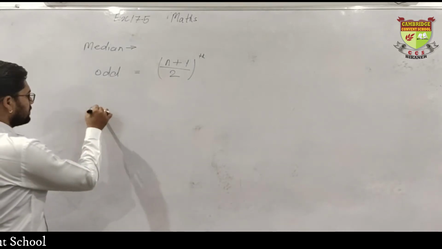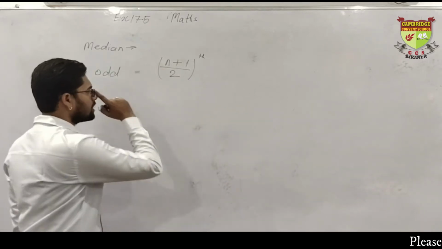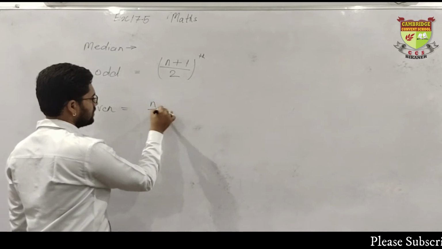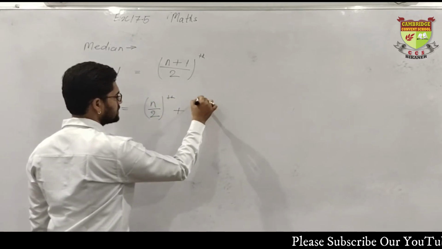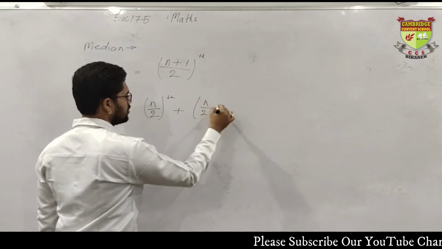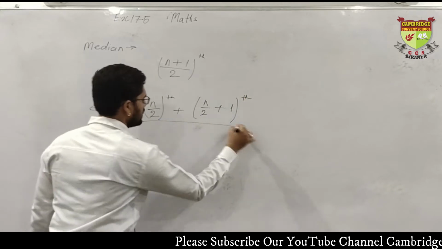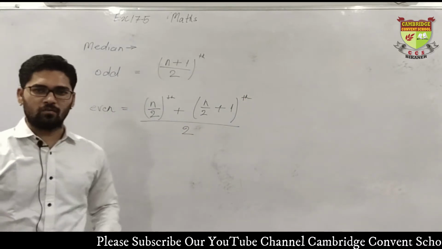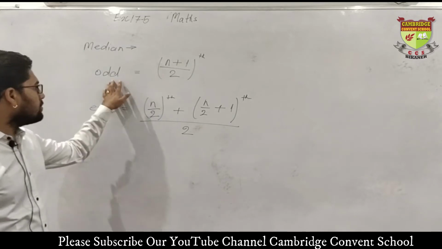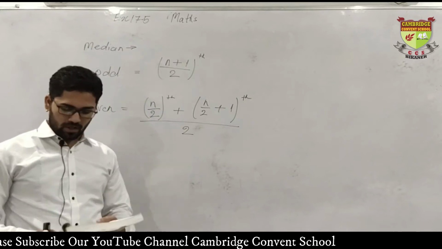And if the number of terms is even, then the formula will be (n upon 2 th plus n upon 2 plus 1 th) upon 2. If the number of terms is even, this formula will be used; for odd, the other one.